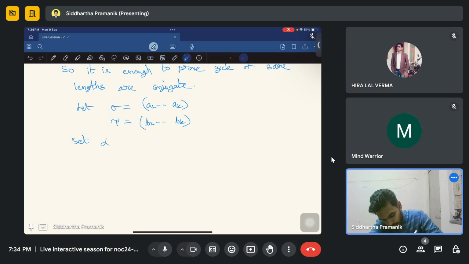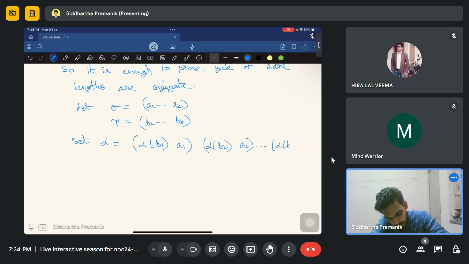So let alpha be the permutation sending b1 to a1, b2 to a2, up to bk to ak.